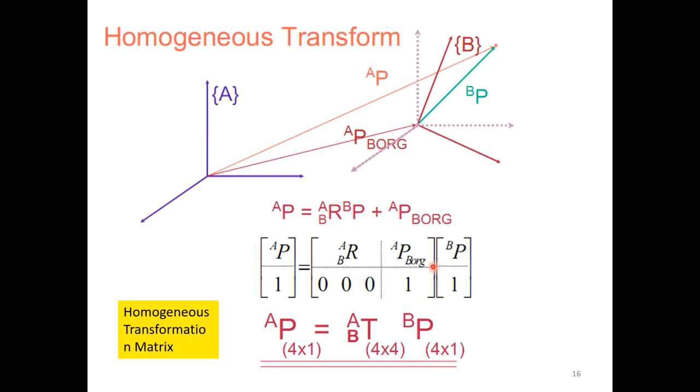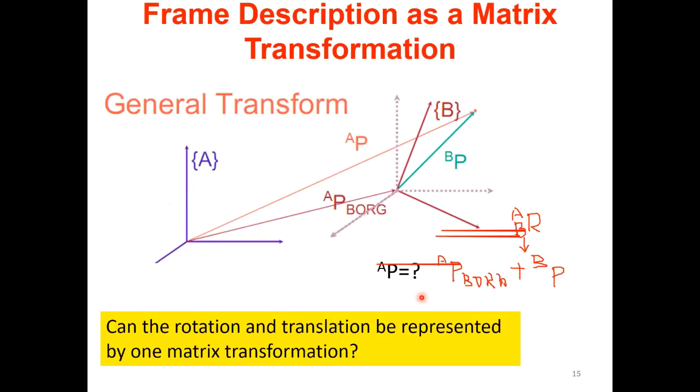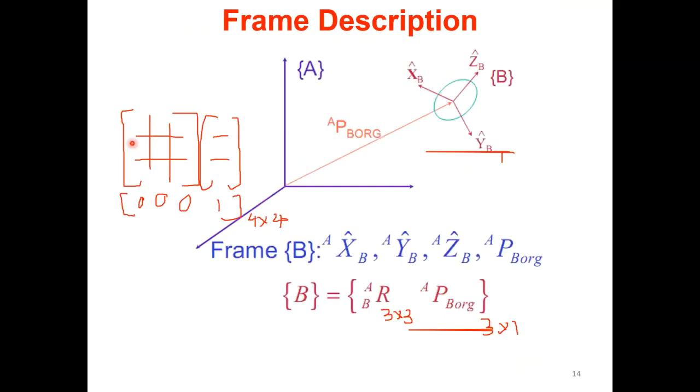So this is the result you get, and as I explained a few slides back, this one over here is a 3 by 3 rotation matrix and a 3 by 1 position vector. It doesn't look really good because it's not symmetric. Then we have these padding zeros and 1 perspective transformation, as we call it in computer science, to make it a 4 by 4.